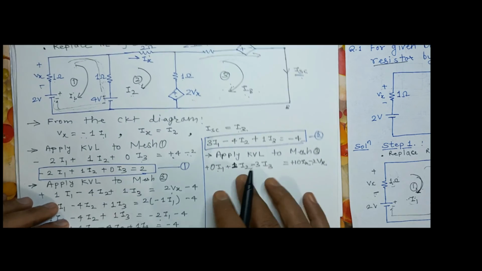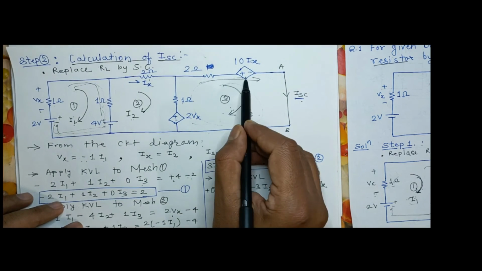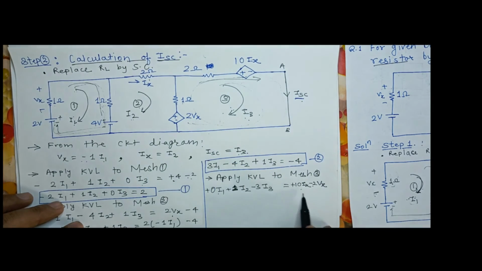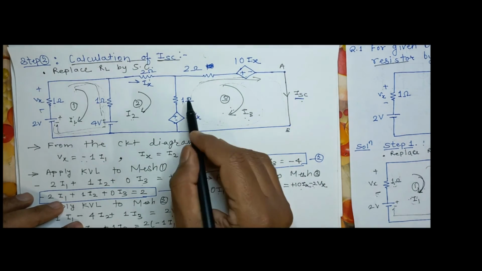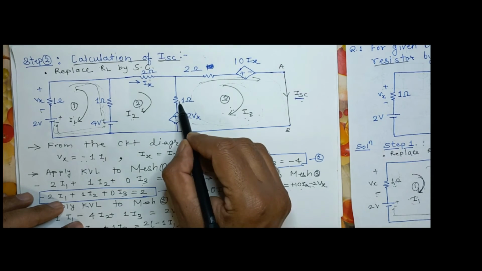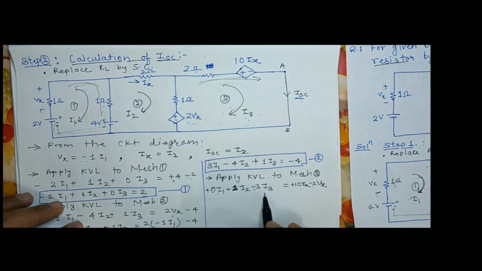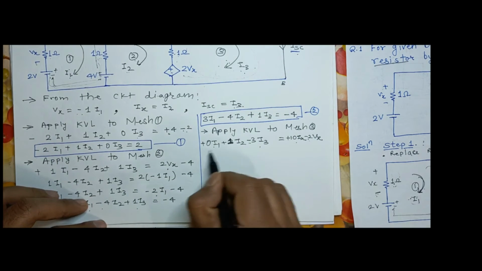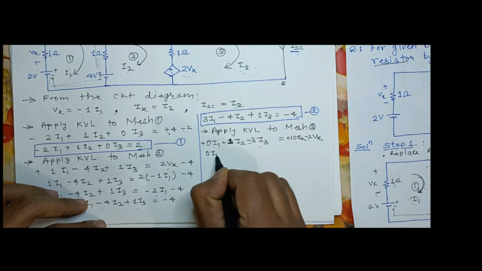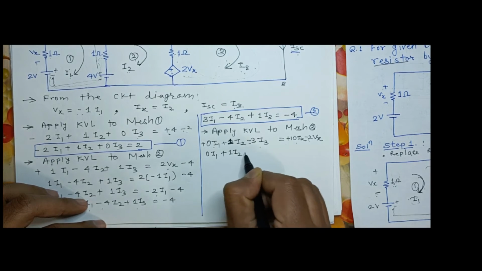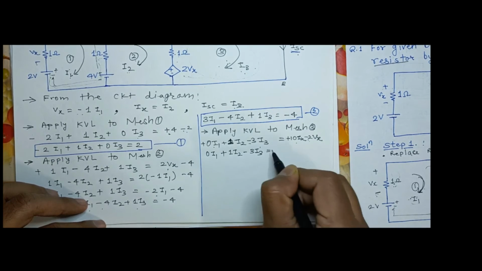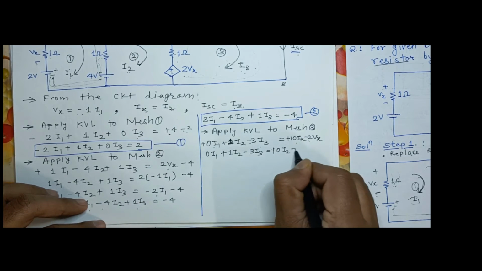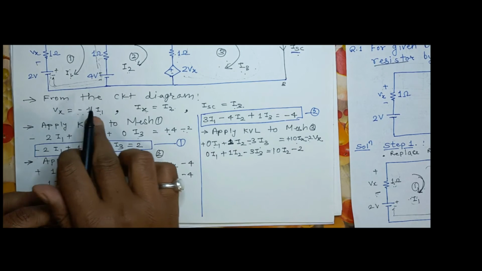Clear? Then next again you can see this is the plus Vx, so 10 Ix, then I will come in this direction here, this is 2, so minus 2 Vx. Clear? And this is the resistance minus 3, so I have written here 3. Okay, so now simplify it. 0 I1 plus 1 I2 minus 3 I3 and this is 10 Ix. 10 Ix equals 10 I2, and minus 2 Vx.